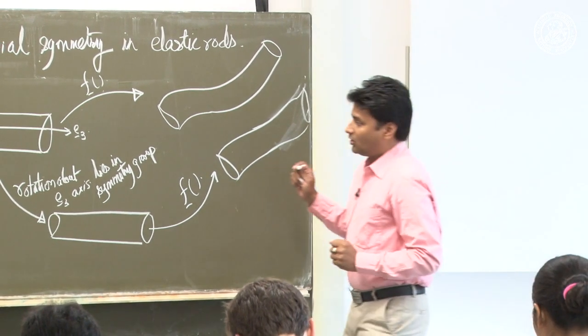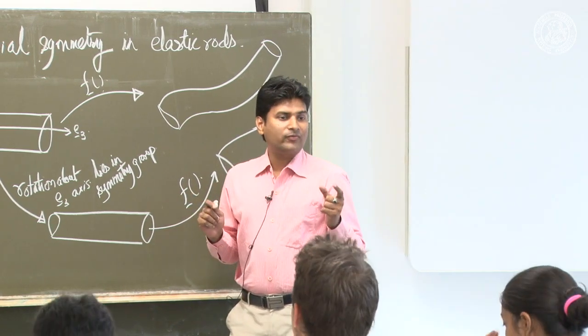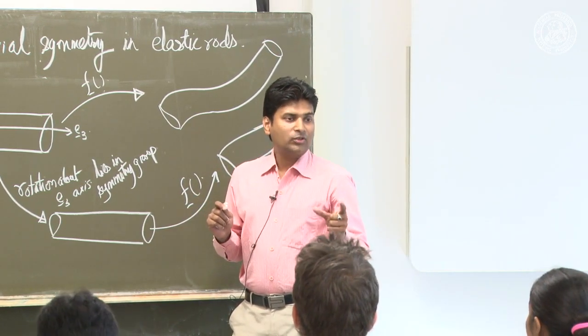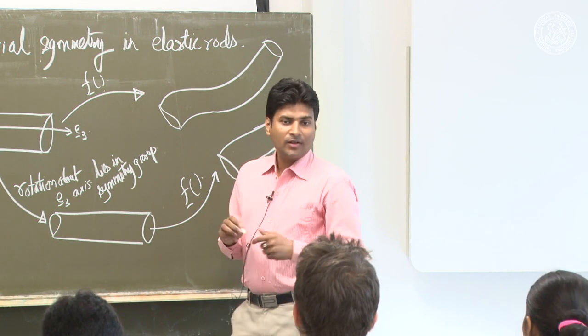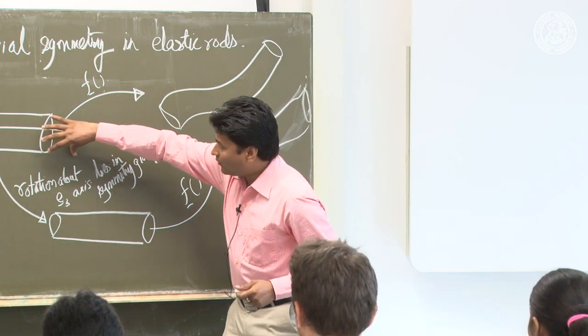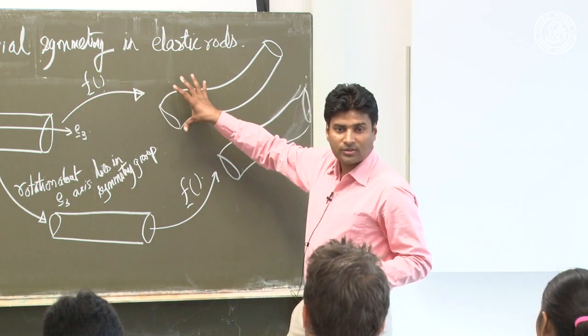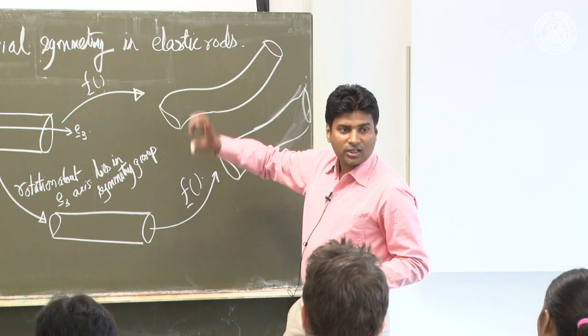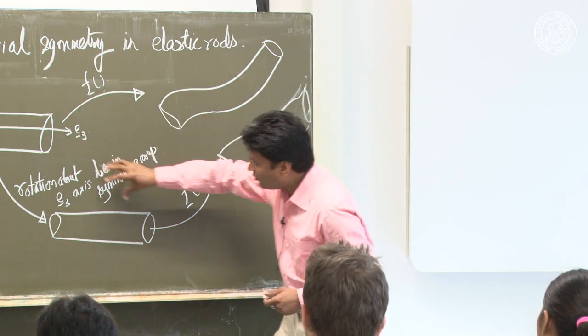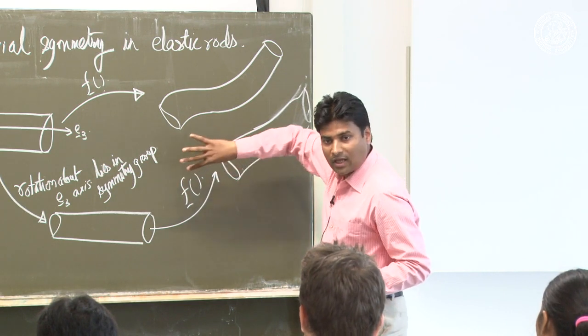Okay? You remember what you did in case of frame indifference? In case of frame indifference, our first experiment was we applied some deformation. In the second experiment, we apply the same deformation and then rotate.